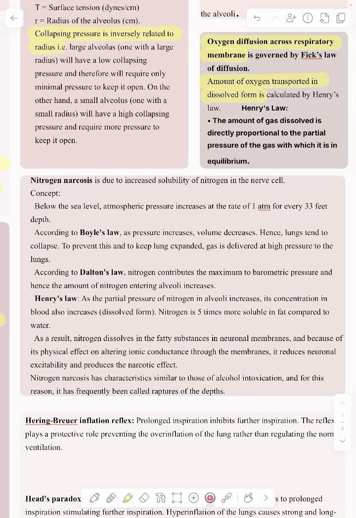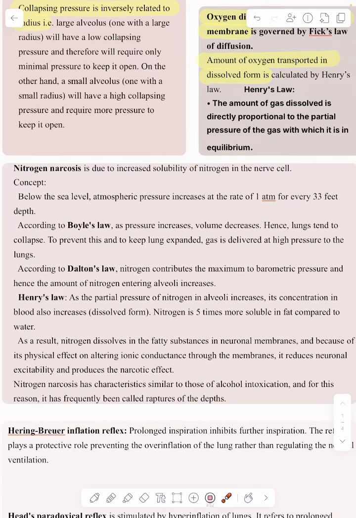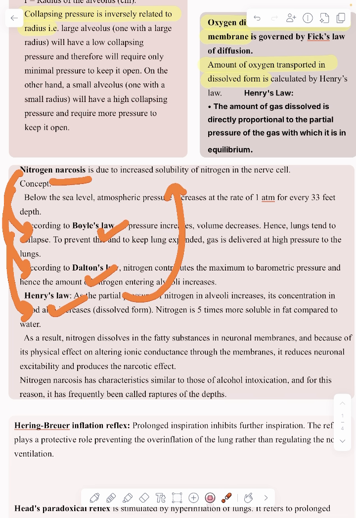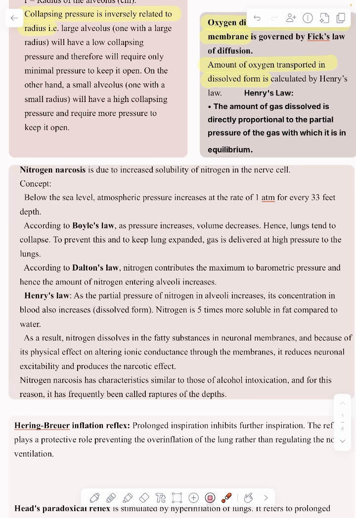We'll be discussing a very good topic, nitrogen narcosis. Here we will be understanding various laws that explain this phenomenon. Nitrogen narcosis is due to increased solubility of nitrogen in a nerve cell. The concept here is that below sea level, atmospheric pressure increases at the rate of 1 atmosphere for every 33 feet of depth.